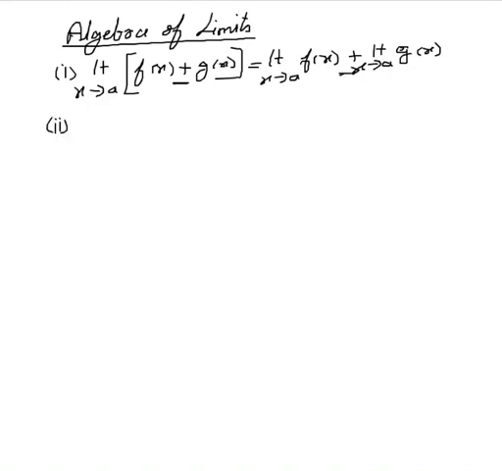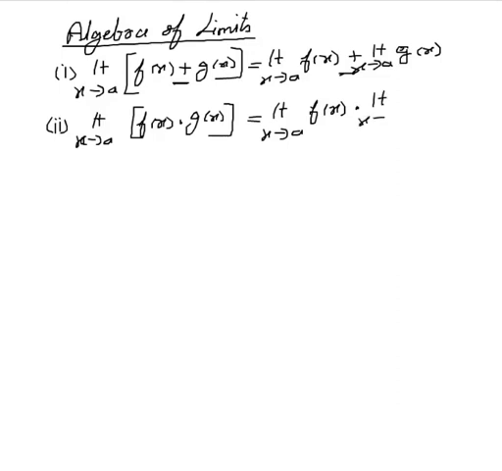And then the second one, product rule, limit x tending to a of f of x multiplied with g of x. Here also we can take it as limit x tending to a of f of x into limit x tending to a of g of x only when both the limits exist. If one of the limits does not exist, don't apply the limit for the other function also. So you can combine and simplify and then try to apply the limits.